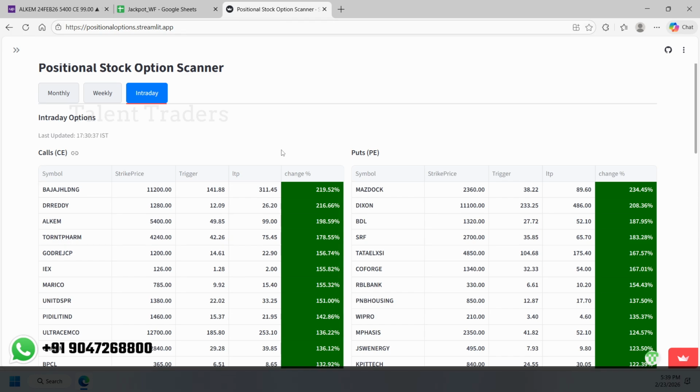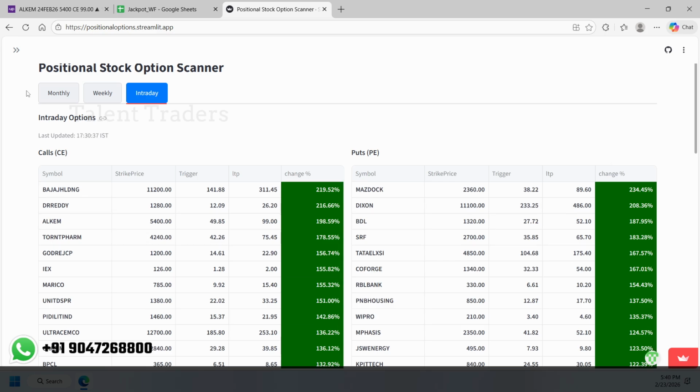So this one would be the new one. Anyone interested in this particular positional scanner, it works purely on a strategy basis, the advanced option strategy course, which we have been conducting since 2017. Now this will give you better results and better opportunities to find positional trades.